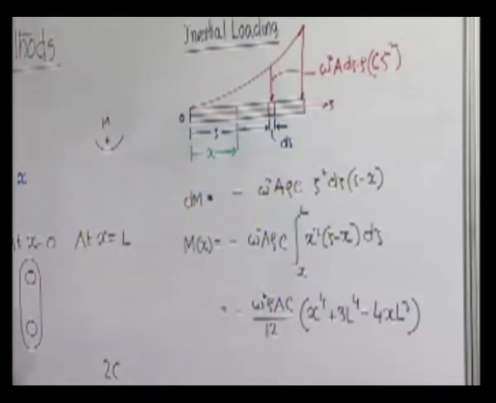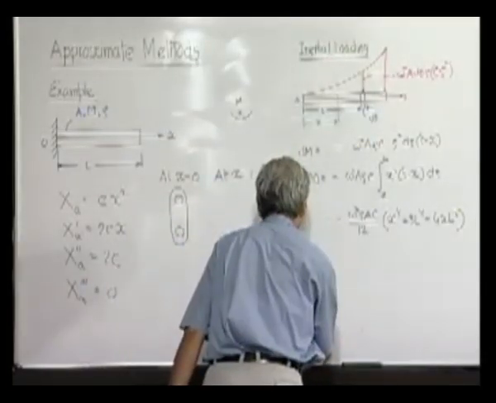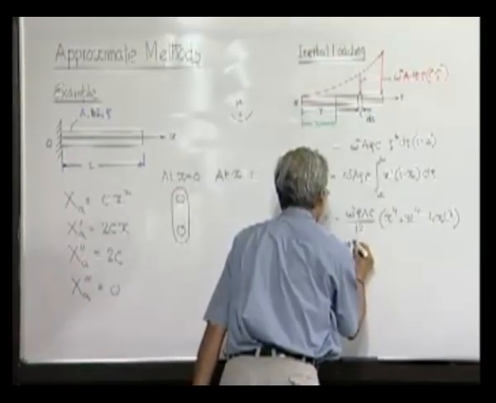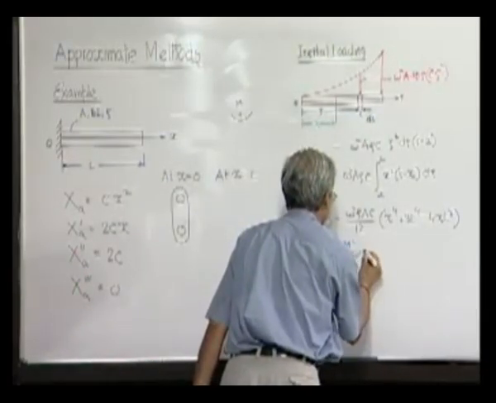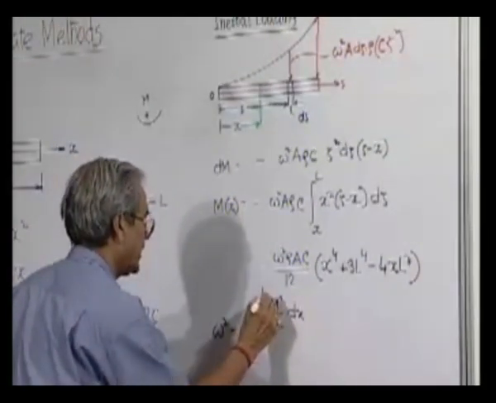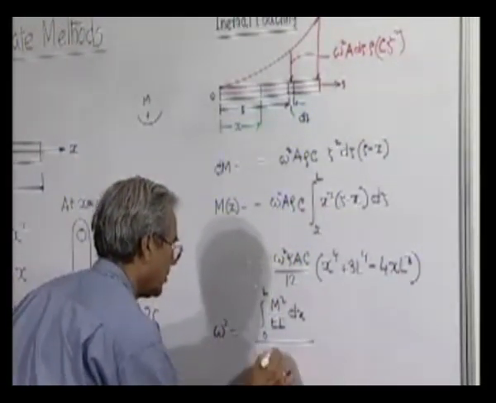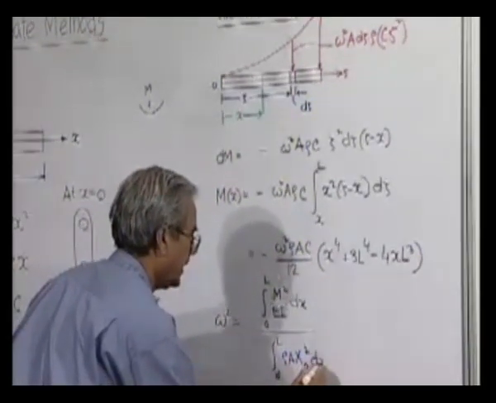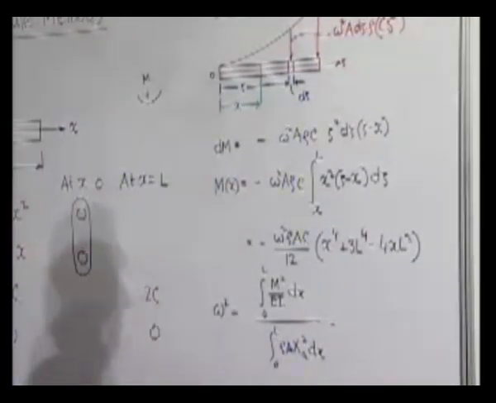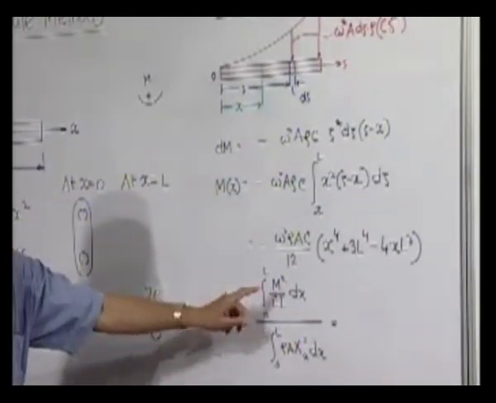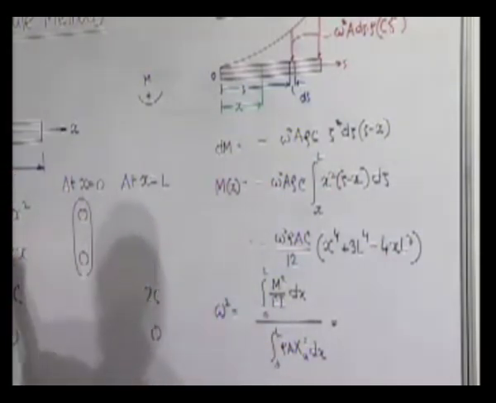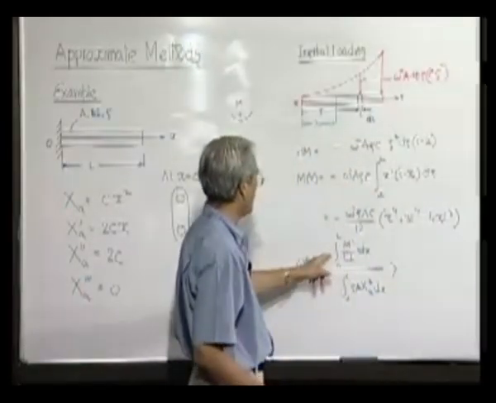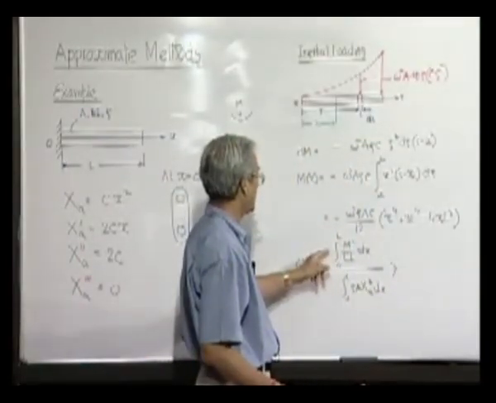Now, if we use this, omega square is equal to integral of M square by EI dx from x equal to 0 to L, again now x is the variable, divided by integral from 0 to L of rho A xa square dx. If we now use this M here, and xa of course we have assumed like this, then you should remember that omega will also come on this side, as omega to the power 4.